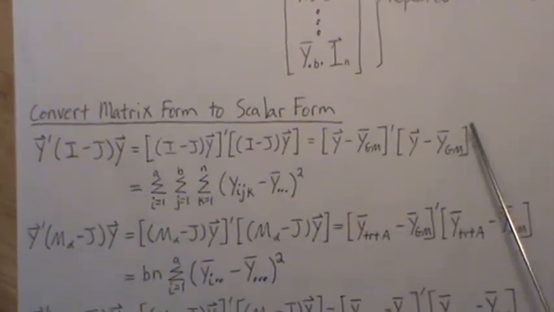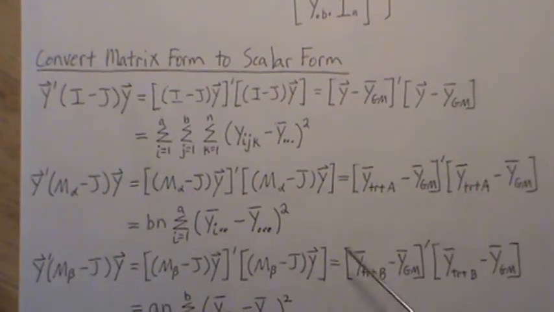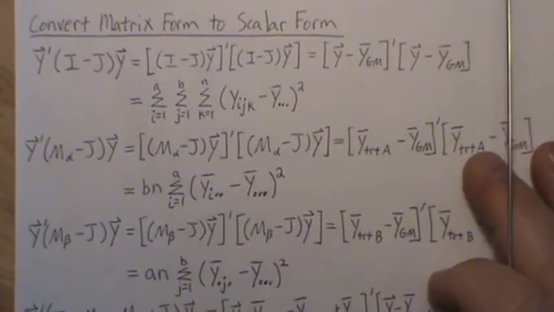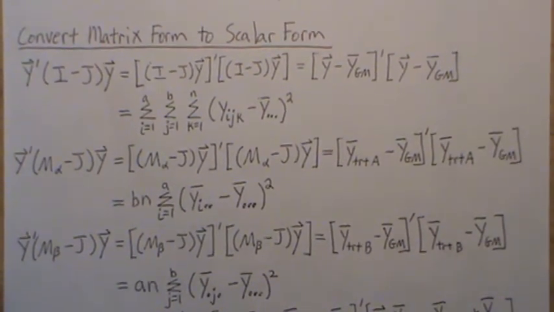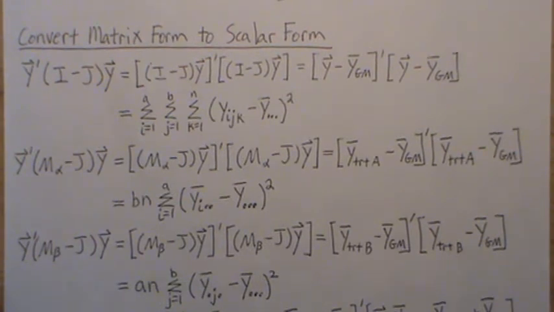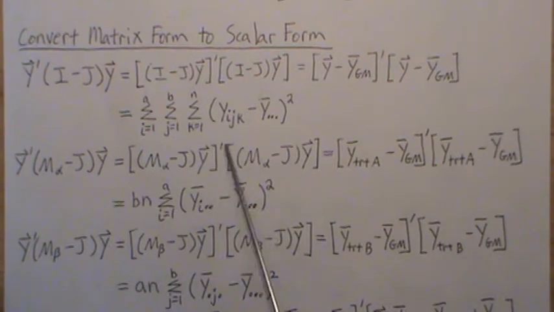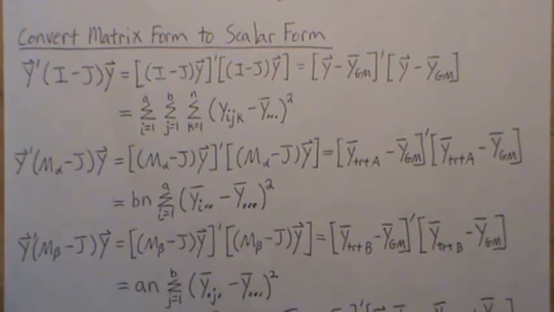Now let's convert all these sums of squares to scalars, because that's what you see in most books. And we're kind of following a book by Douglas Montgomery titled Design and Analysis of Experiments, and he puts everything in scalar form.